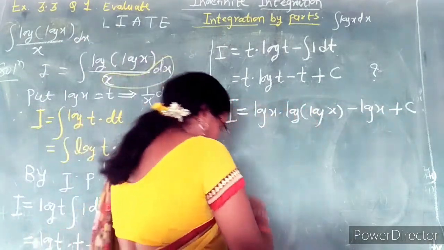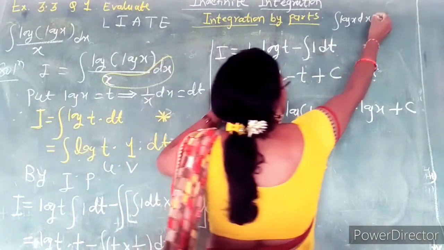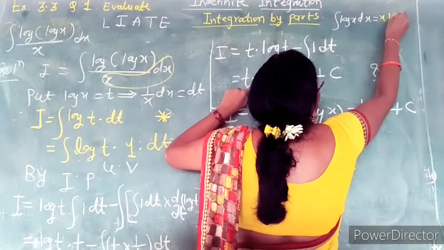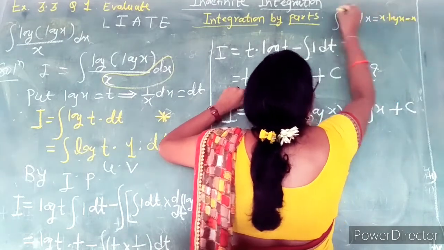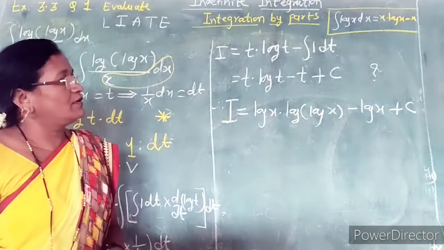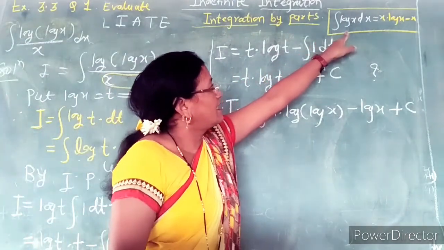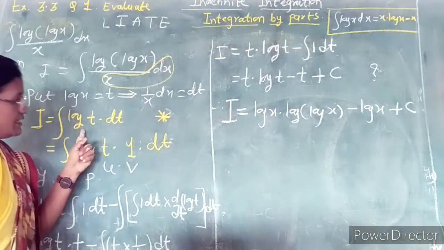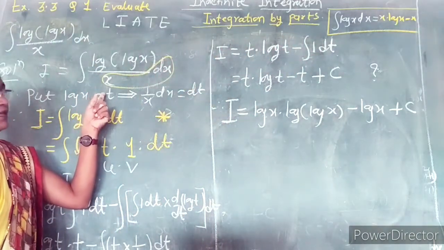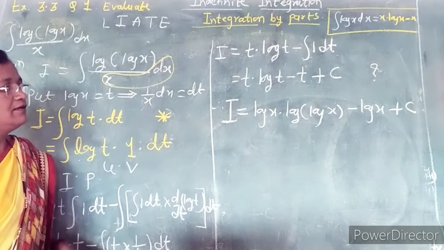And therefore, by using this result, the integral of log x is x log x minus x plus c. We cannot write the integral of log x directly. Here we find the integral by using substitution. When a single function log x occurs, we take v as 1.